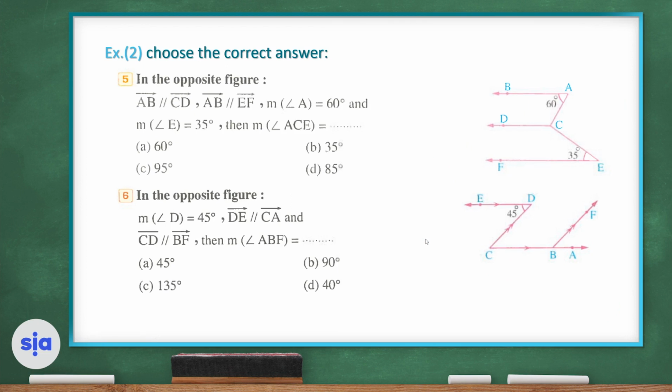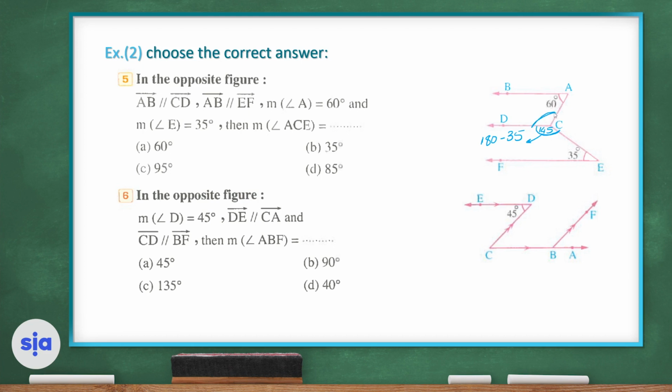Question 5. In the opposite figure, if AB ray is parallel to CD and AB ray is parallel to EF ray, and the measure of angle A is 60 degrees and the measure of angle E is 35 degrees, how can we find the measure of angle ACE? This angle will be 180 minus 35, interior angles on the same side of the transversal, so it is 145 degrees.